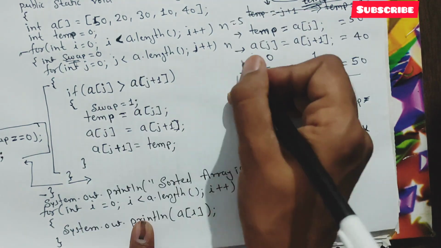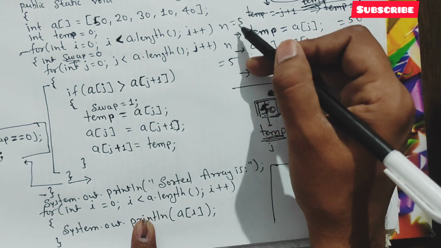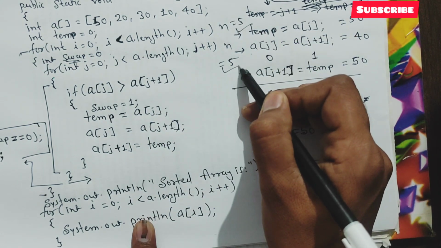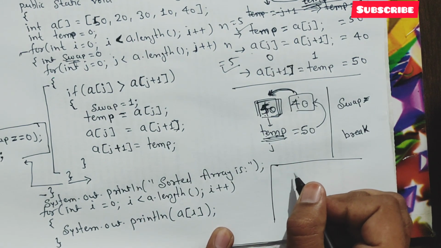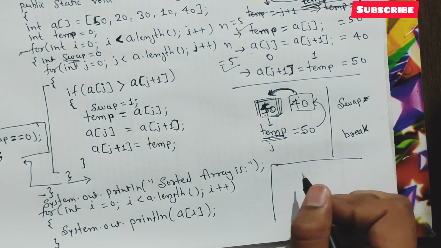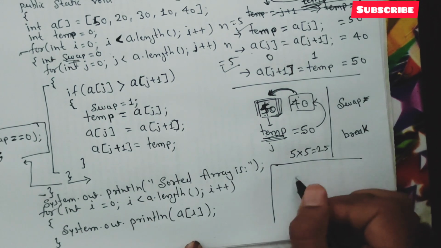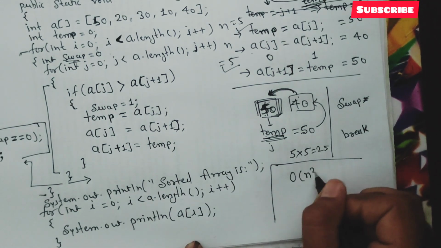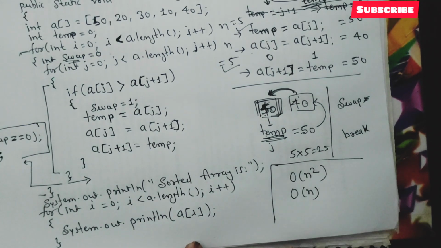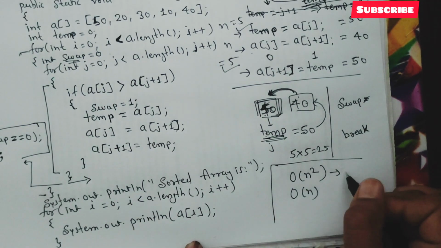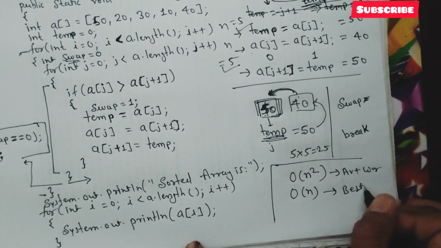So this loop will iterate 5 times, and for each of those the inner loop will also iterate 5 times, so 5 into 5. So what is exactly the worst case complexity? O(n square). This is the average and worst complexity, and the best complexity is big O of n.